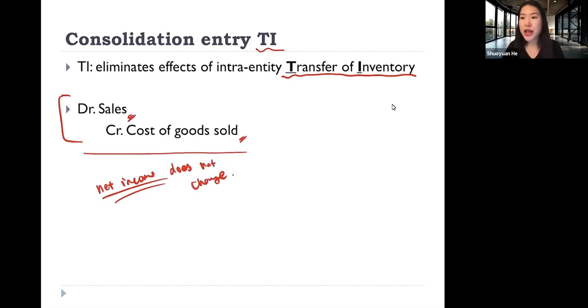But what changed with this consolidation entry is that sales and cost of goods sold are brought down. So you can imagine that the purpose of this consolidation entry, if we have inflated sales and inflated cost of goods sold, is to get those back to what they should be if we view two firms as one firm. But it doesn't have any effect on net income.